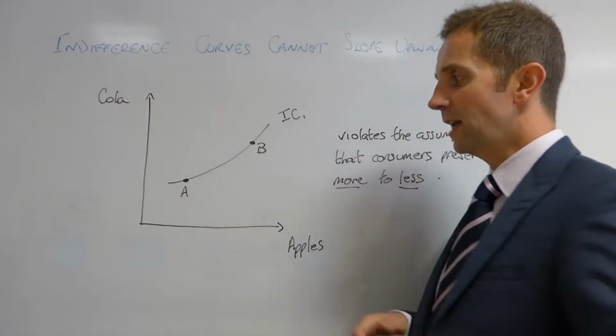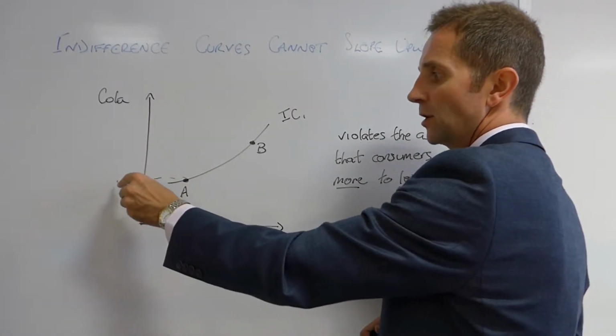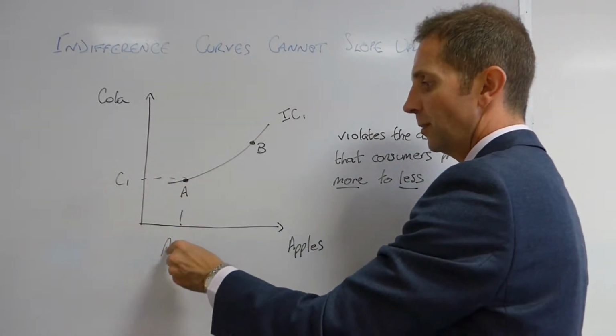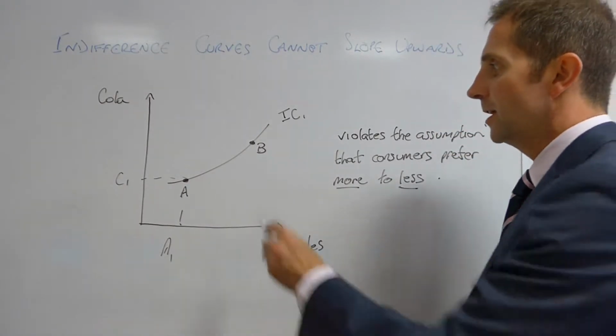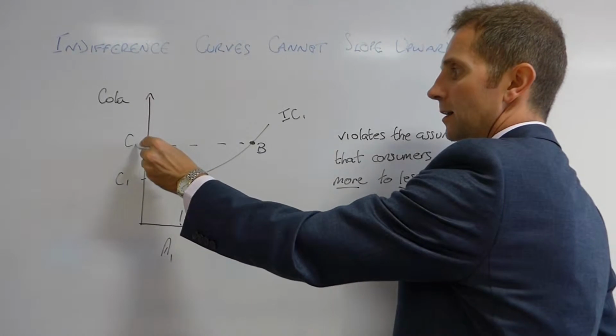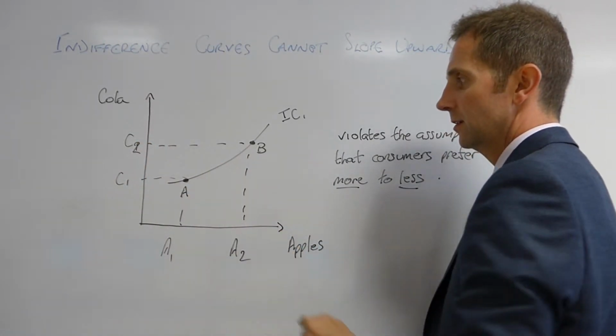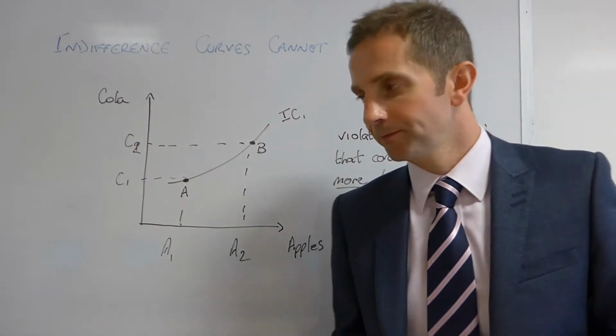In this particular instance, here we have this amount of cola, C1, and this amount of apples, A1. And then we have this amount of cola at point B, call that C2. And we have this amount of apples at A2.